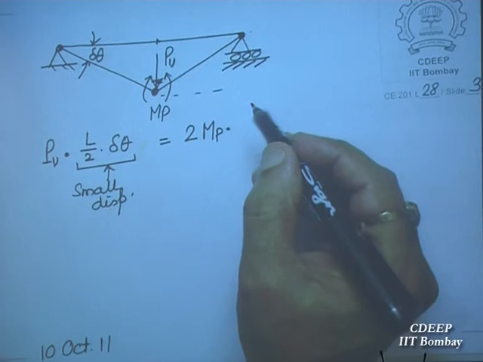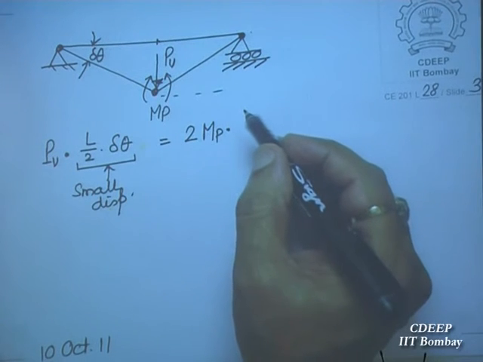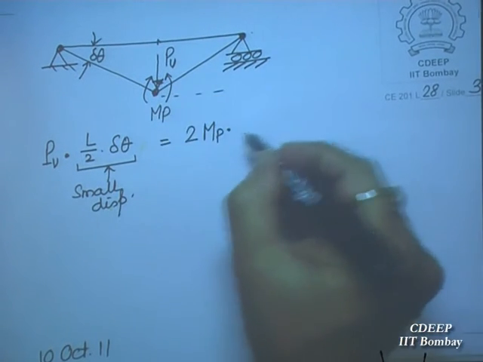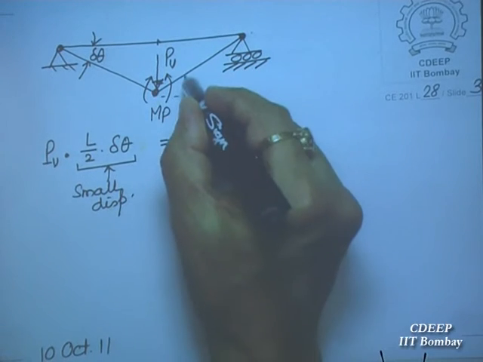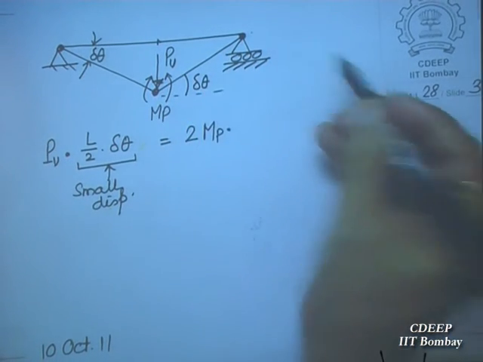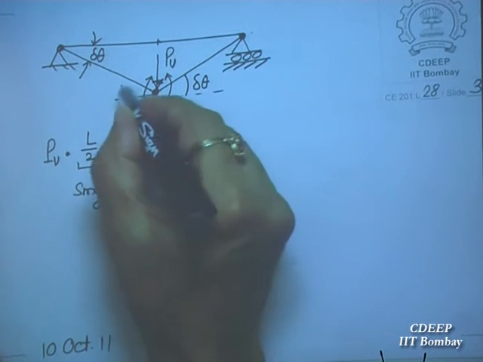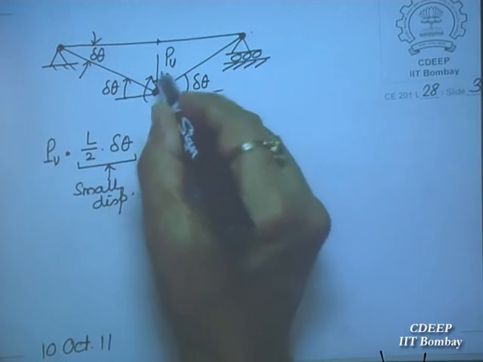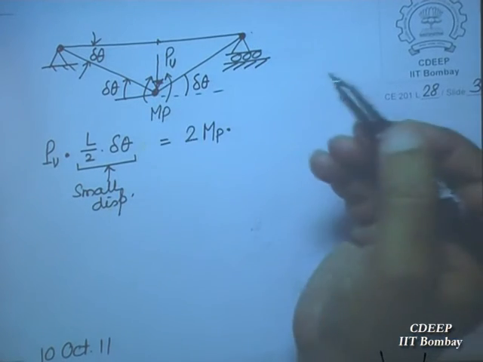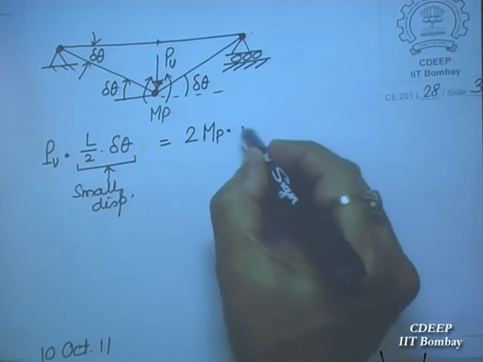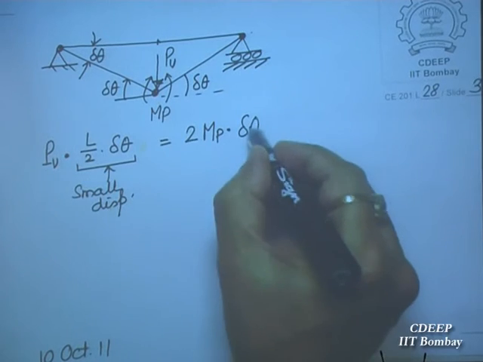Moments do work on rotation, so that multiplied by rotation. Rotation is how much? This is also delta theta. The MP will do work over delta theta. So MP into delta theta plus MP into delta theta, so 2 MP delta theta.